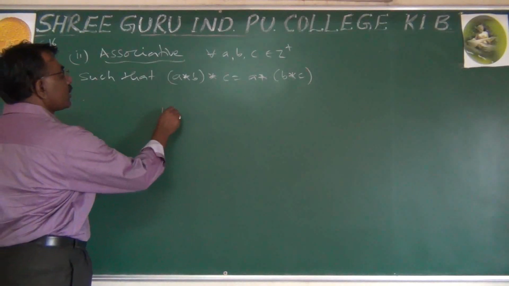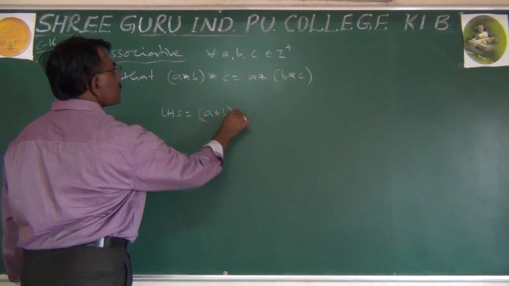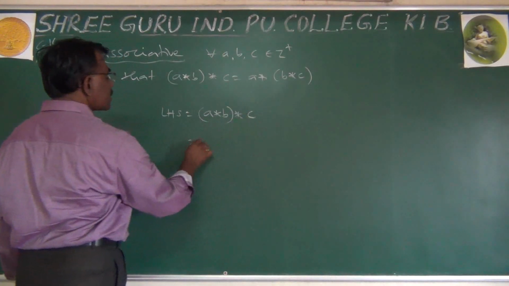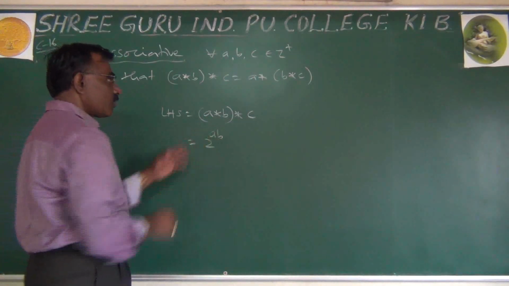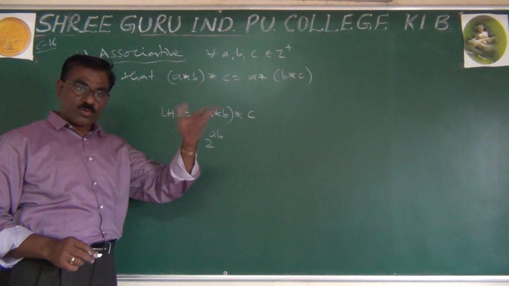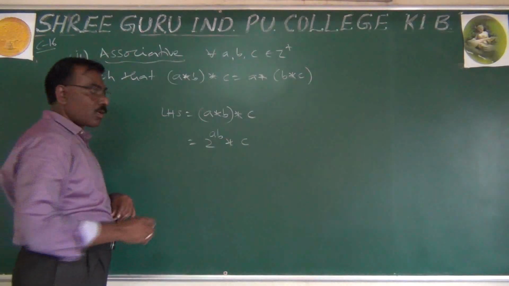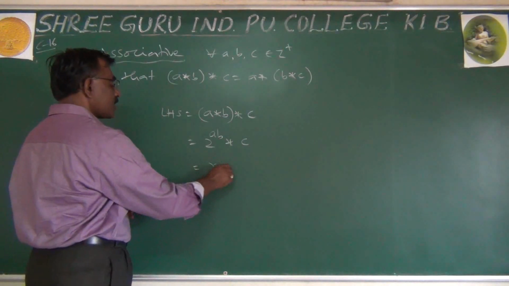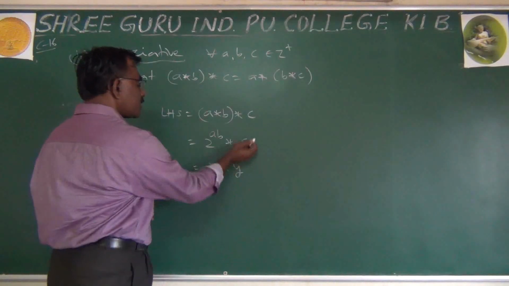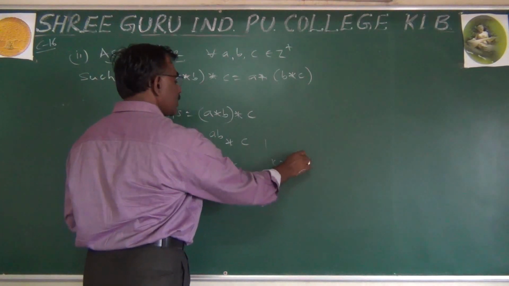Let us take the LHS, A star B star C. A star B is 2 to the power AB, because star is defined that way, then star C. Now I am taking X star Y, X star C, where X is 2 to the power AB.